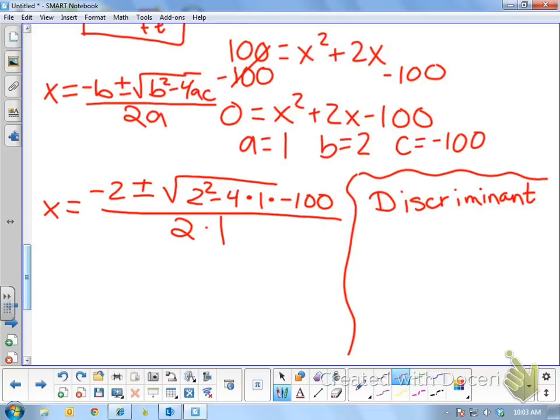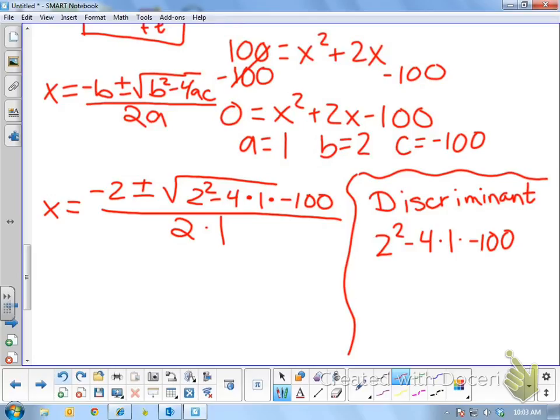So this underneath the square root is called the discriminant, and it tells me that information. We don't know until we get one number here.